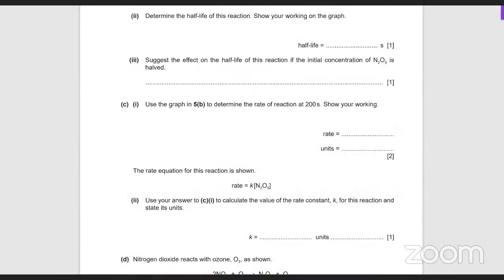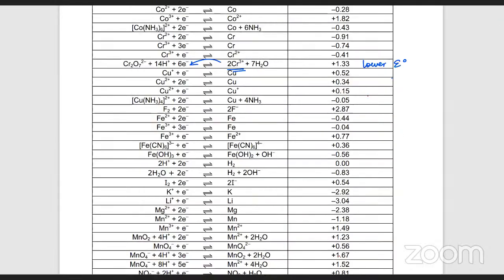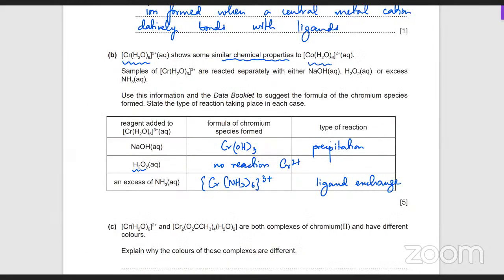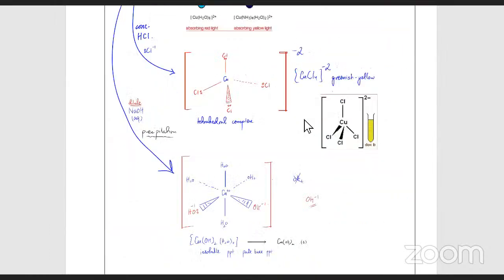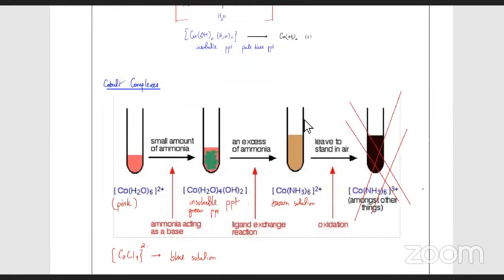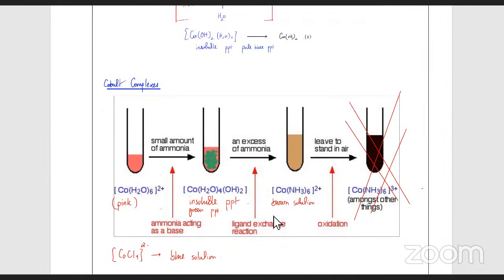Excuse me, sir. Sir, I have a doubt in that. Like in cobalt, replacing with the OH, should it be the green precipitate or blue precipitate in cobalt? No, it's a green precipitate. It's this one. There was just one mark scheme, and that was wrong.